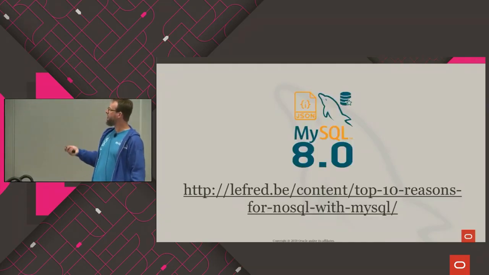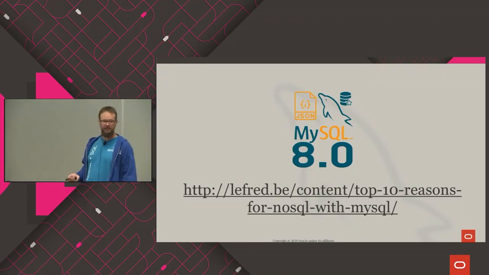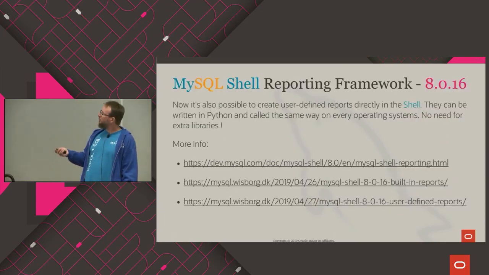If you want more reasons to move to MySQL 8 Document Store, you can find the top 10 reasons here on the site. And you will also find here some other shell slides, and other tools that you can do with MySQL Shell and Python. The full reporting framework, because you can create reporting in Python.